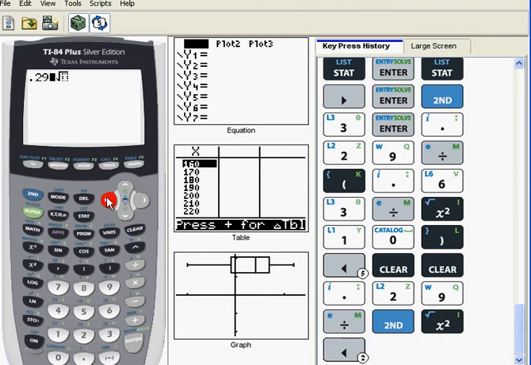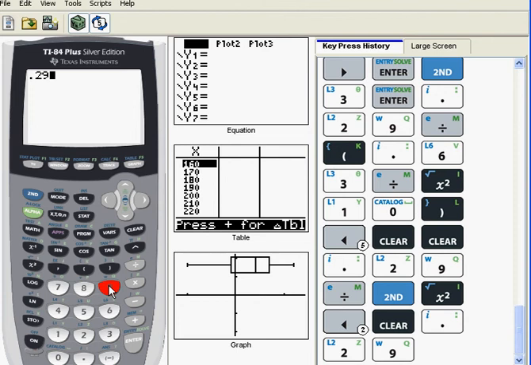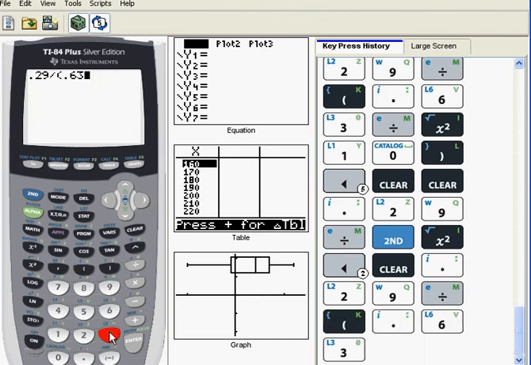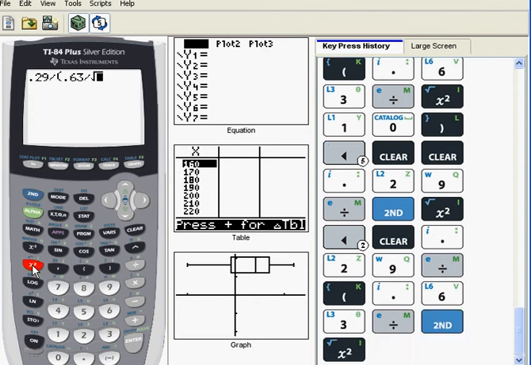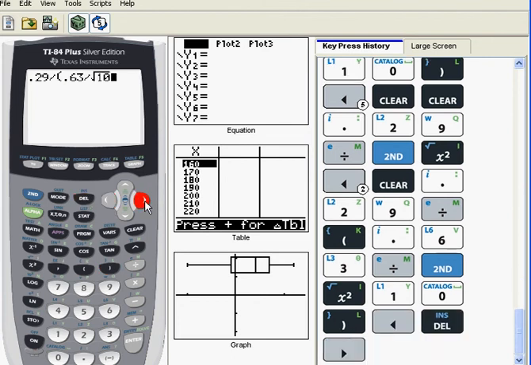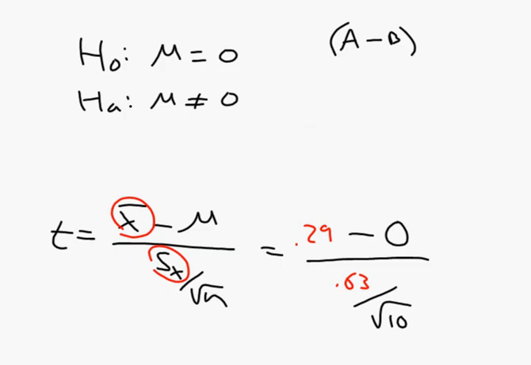Oh, that's not even right either. Great. Enough mistakes. 0.29 divided by, open parenthesis, 0.63. All right, that looks promising. Divided by the square root of 10, close parenthesis. Oh, let's get out of that. Hold on. I keep making that mistake. Get out of that thing. Close this parenthesis, and now the whole denominator is closed. Okay, finally. So our t-score is 1.455, or 1.456, really. All right.